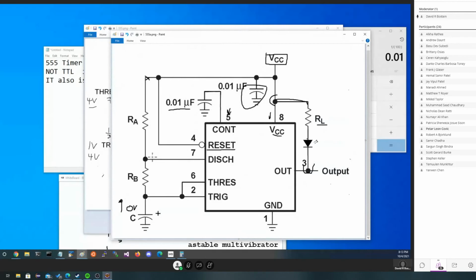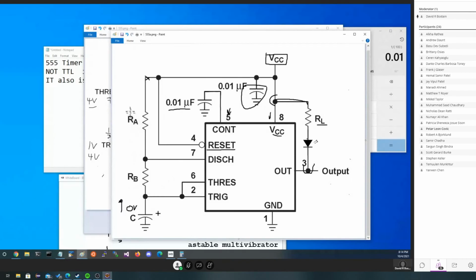Once discharge turns on, the voltage on top of the capacitor now has a way to start dropping again. And it'll start discharging until it has dropped back down to the point where it matches the trigger voltage, at which point we turn discharge off again through that latch, at which point we'll start charging the capacitor up again.